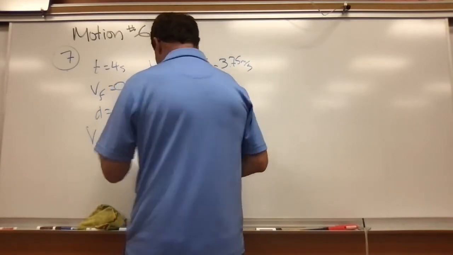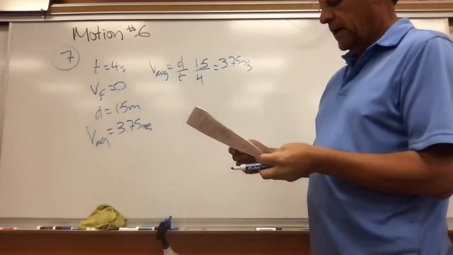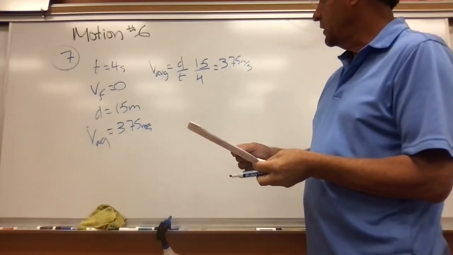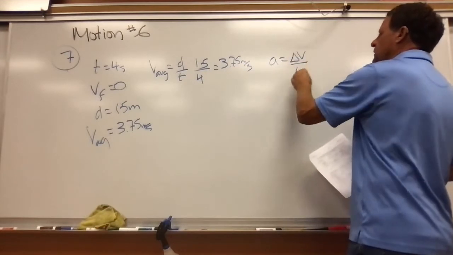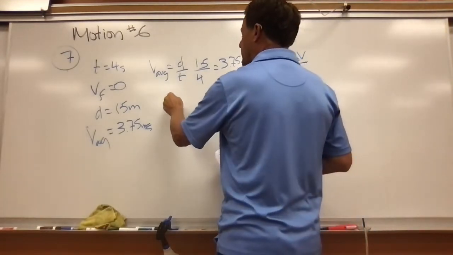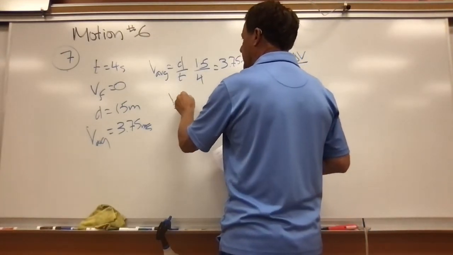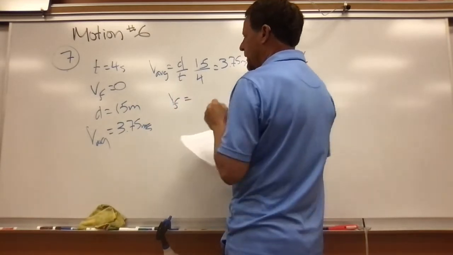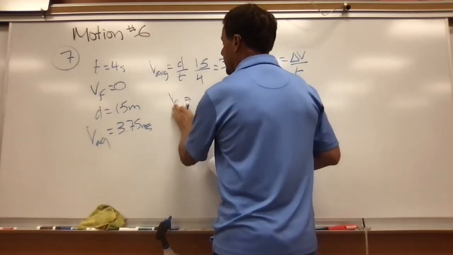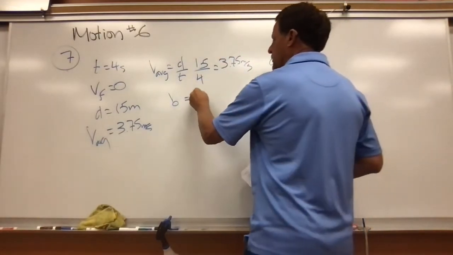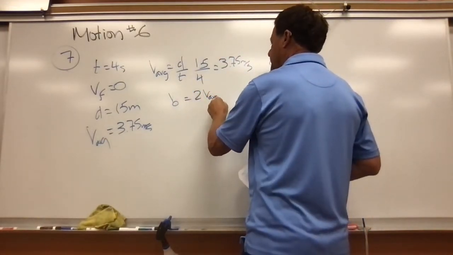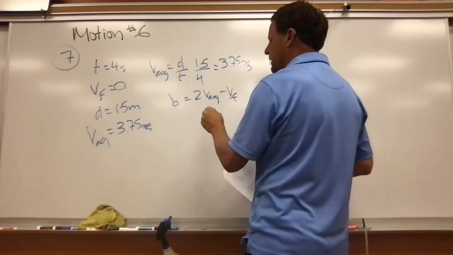3.75 meters per second. Okay, now we still want the car's acceleration, and we know acceleration is delta V over t. So we want to calculate our original velocity, which is 2 times our average velocity minus our final velocity.